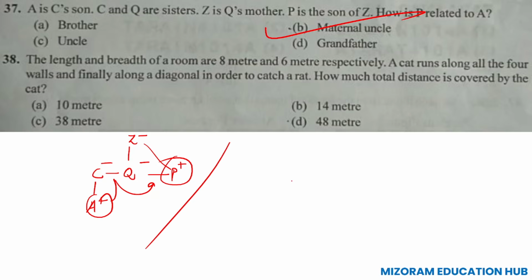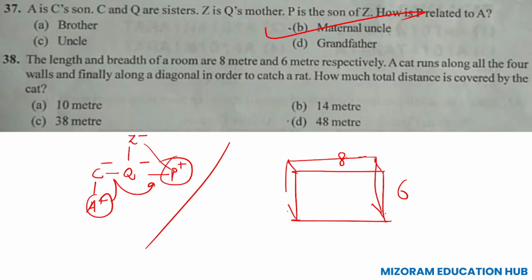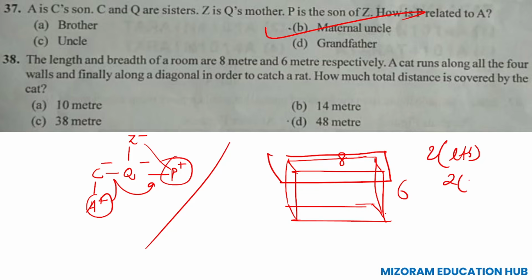The length and breadth of a room are 8 and 6. A cat runs along all the four walls, so the perimeter will be 14, 28.